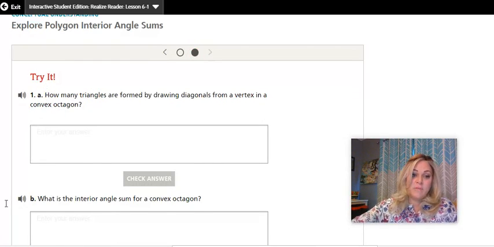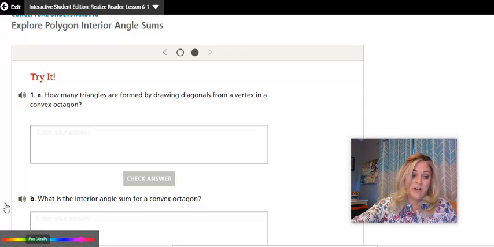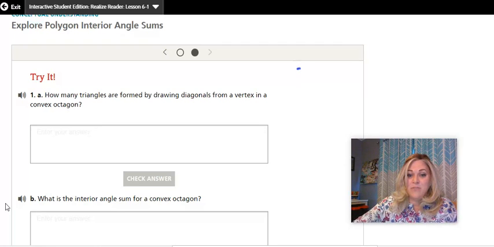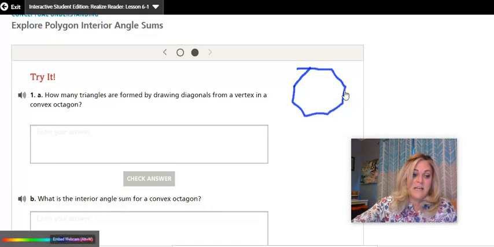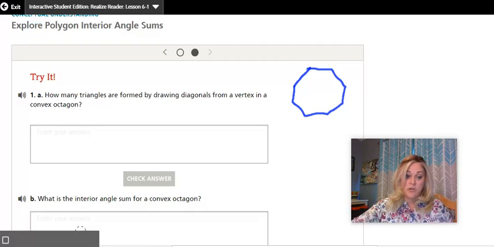How many triangles are formed by drawing diagonals from a vertex in a convex octagon? If you need to, you can draw this, but an octagon has 8 sides. So if you drew it out, 1, 2, 3, 4, 5, 6, 7, 8, let's pretend that's relatively nice. If I broke this up into triangles, take 1 vertex and start breaking it up.